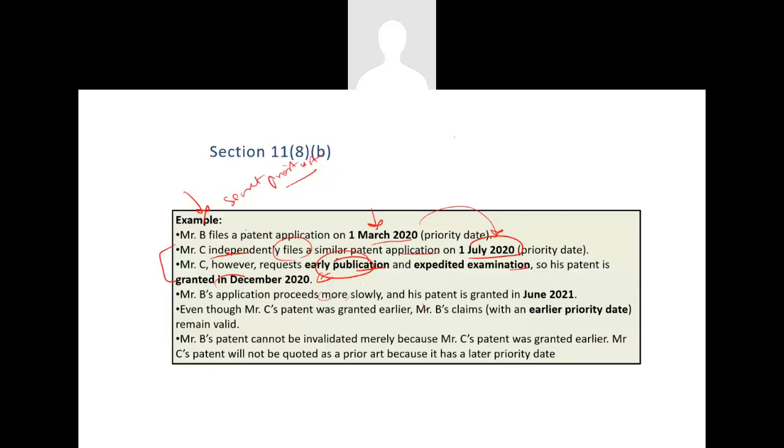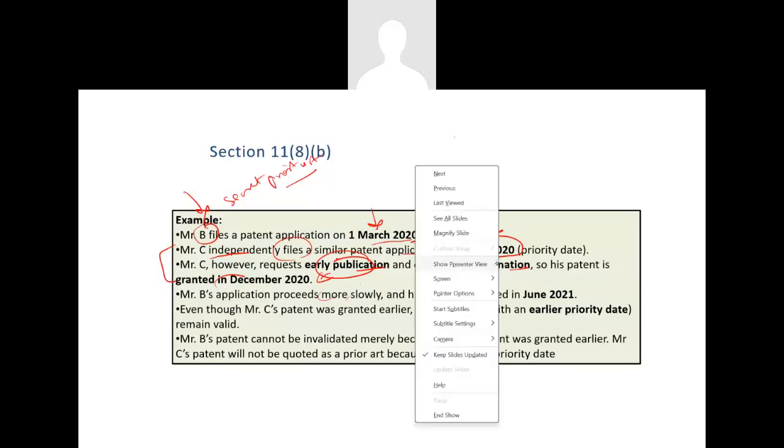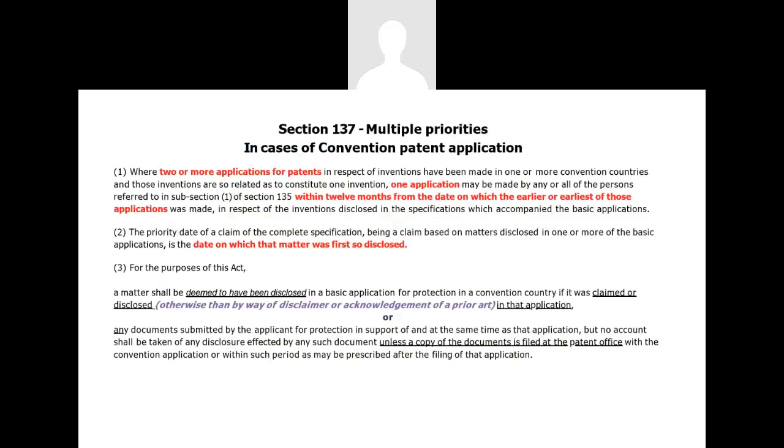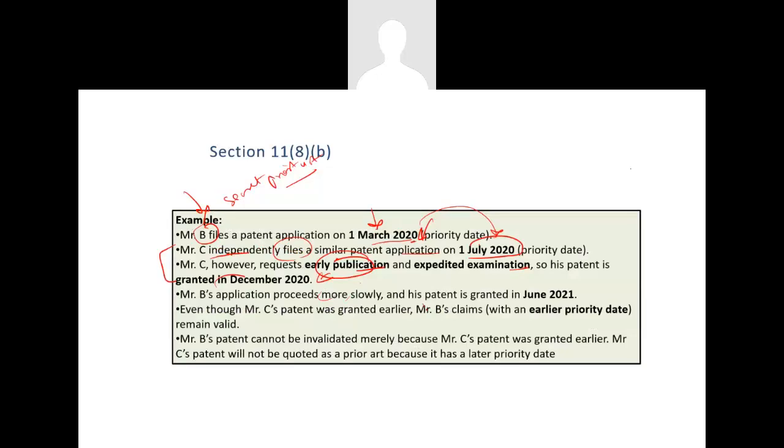See, we have Mr. B, let's say it is me, or you. He filed a patent application on 1st March 2020. That's his priority date. His priority date is earlier than 1st July 2020, which is the priority date of Mr. C's patent application. But by chance, through expedited examination and all, Mr. C got a patent granted early.